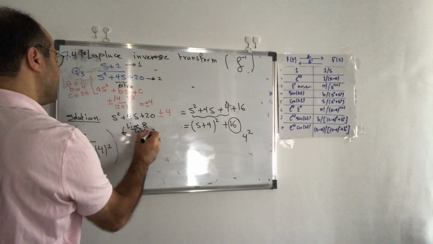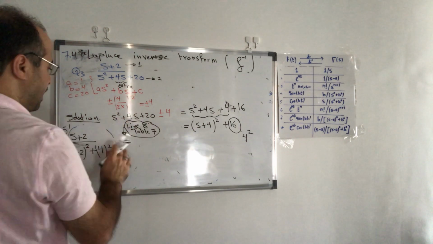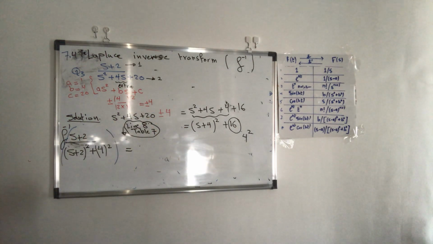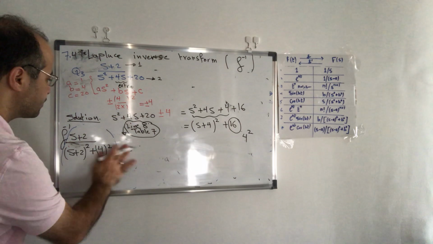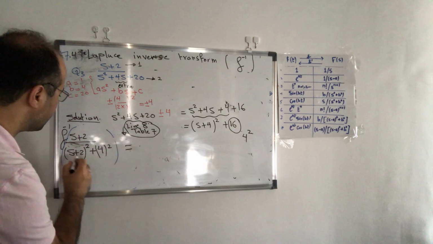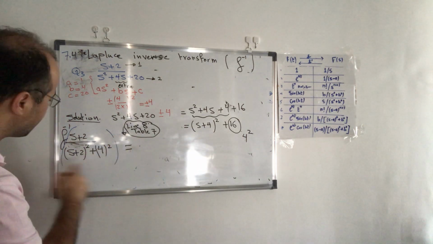Table 7, right? Now if you compare this thing with line 8, you first start comparing the denominator. Can you compare the denominator right away?